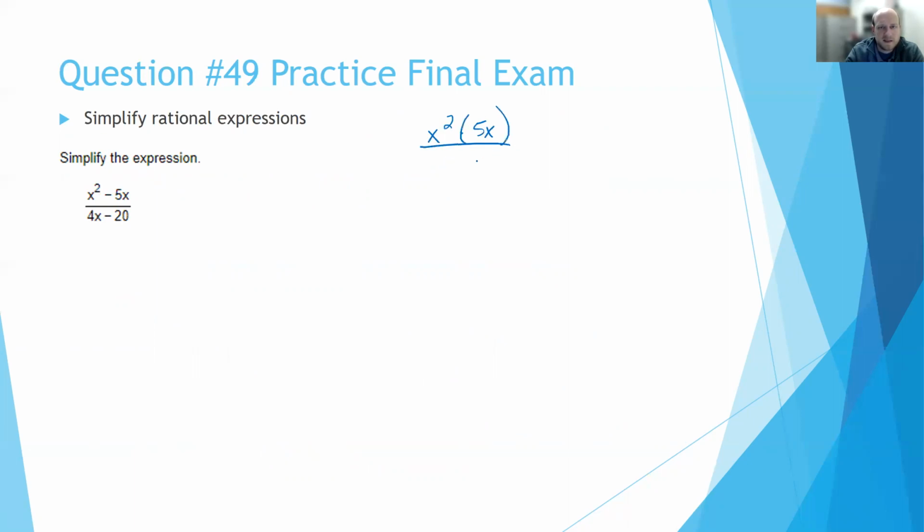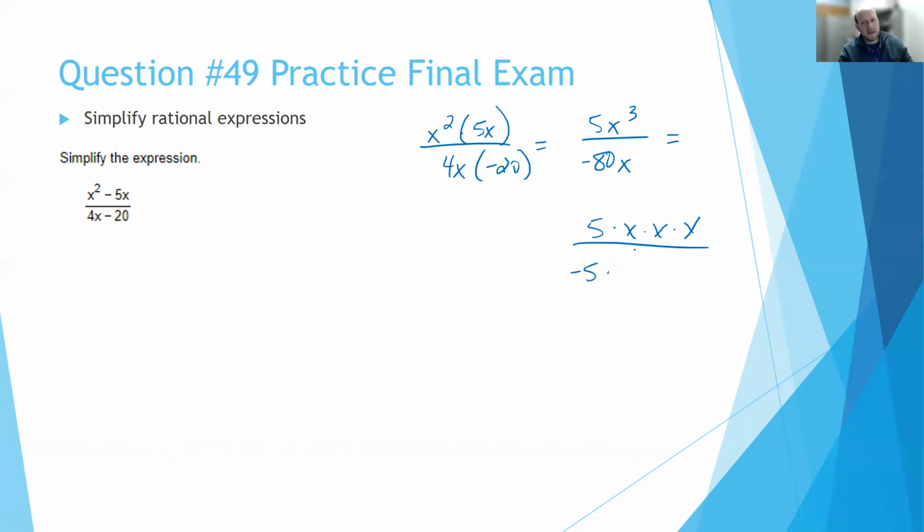Okay, so if it was x squared times 5x, and then a 4x times, let's say, a -20, totally different problem, because this would be 5x to the third over -80x. And what we could do here is start canceling, right? Because this would be 5 times x times x times x over -5 times, let's see, what's 80 divided by 5? 16.